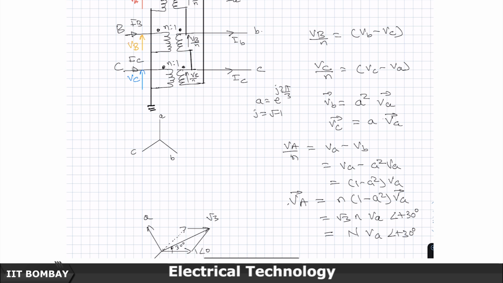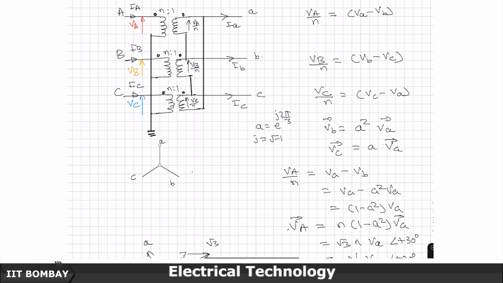And while drawing the figure, just assume that the turns ratio is small, like 1 or something like that, so that I don't need so much space and can alter the length of the vectors. This same voltage, so I'll duplicate it.